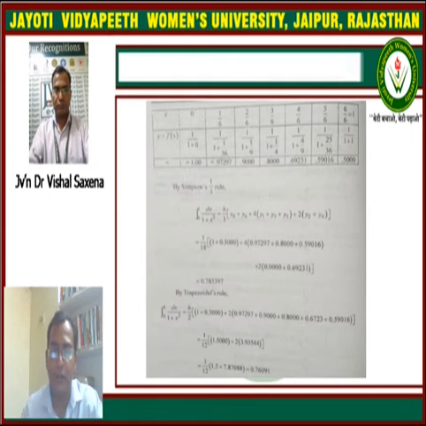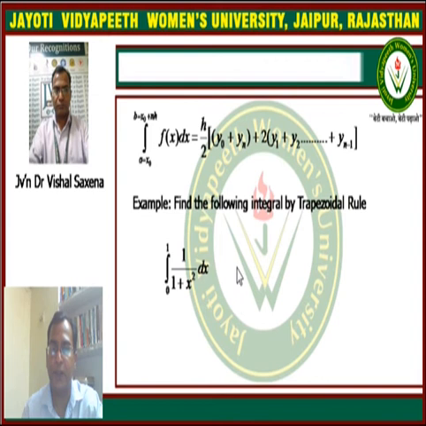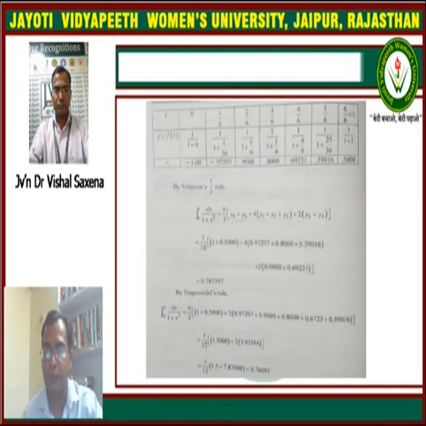So we just have to put the value of h, taken as 1/6, then y0 plus y6 plus 2 into y1 plus y2 plus y3 plus y4 plus y5, because n is 6 here, so it is coming up to yn minus 1, which means 6 minus 1, y5. So we just have to put the values in this formula.